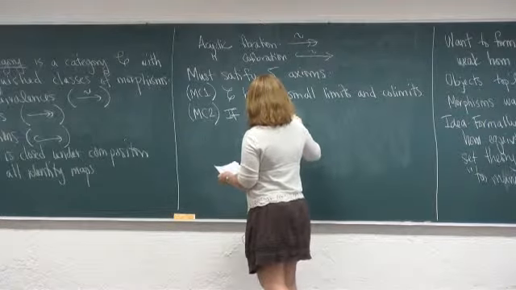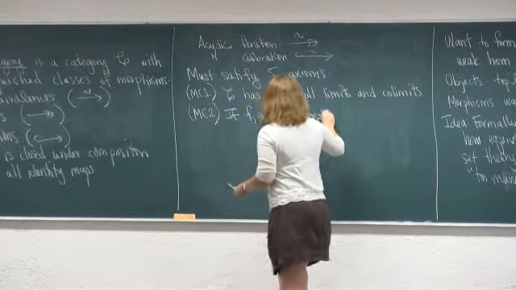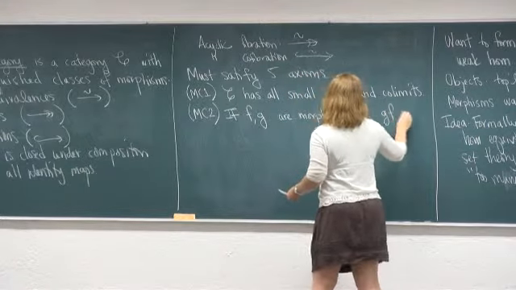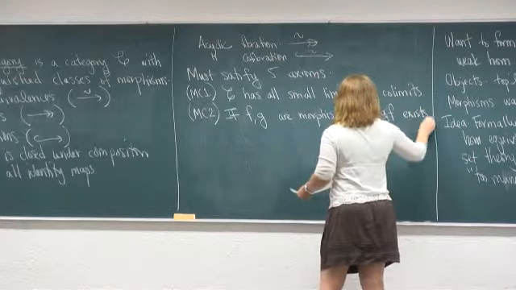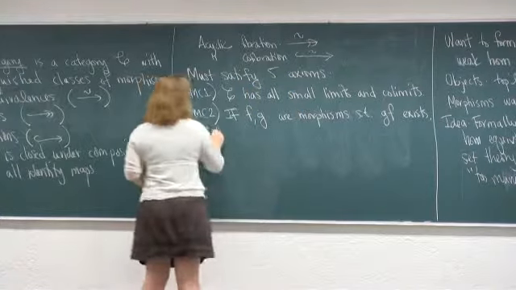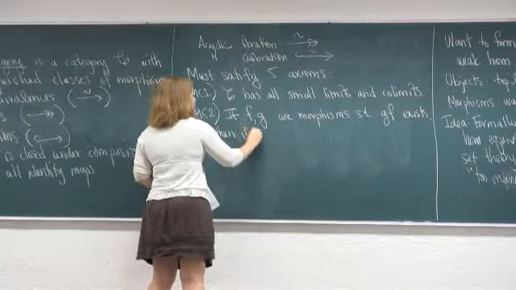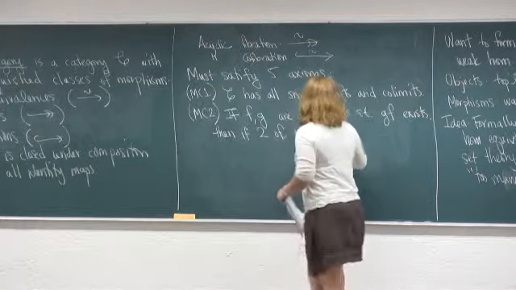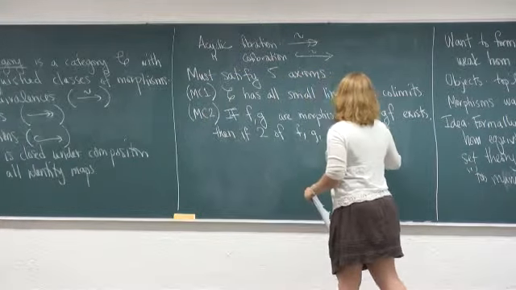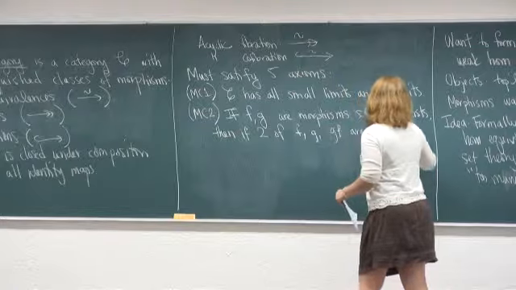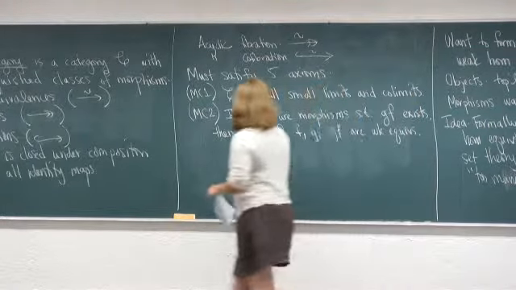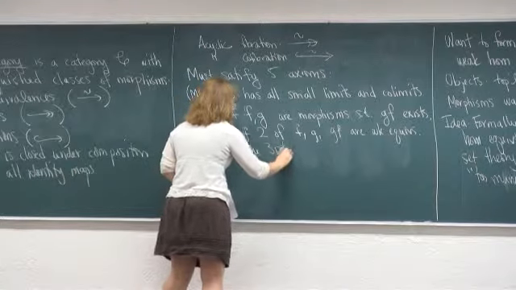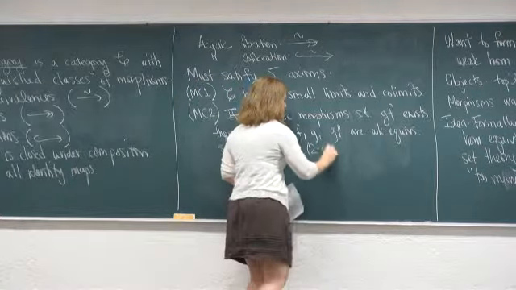If f and g are composable morphisms, such that g composed with f exists, then if two of the maps f, g, and gf are weak equivalences, then so is the third. This is often called the 2 out of 3 property.